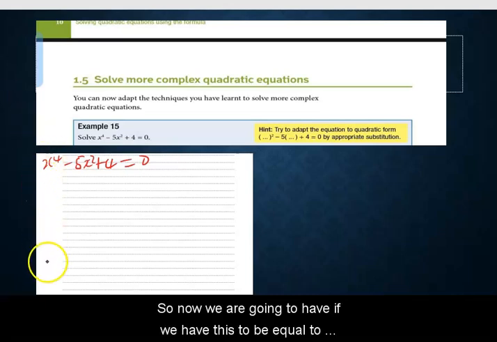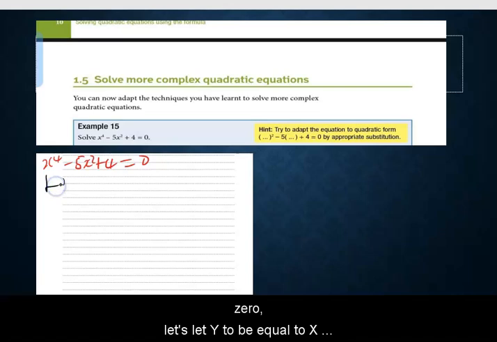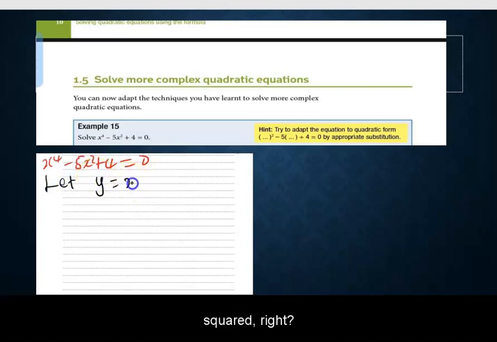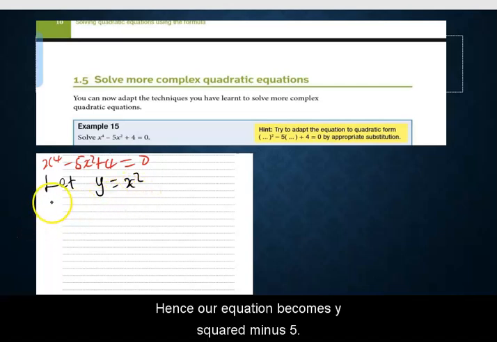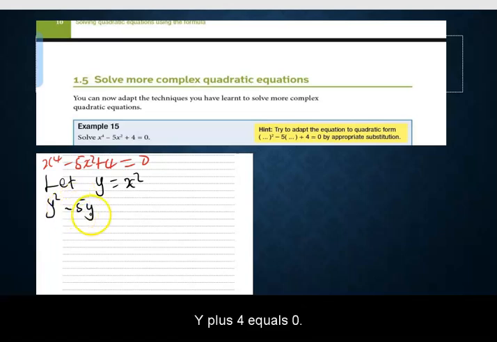So now, if we have this equal to 0, let y be equal to x squared, right? Hence our equation becomes y squared minus 5y plus 4 equals 0.